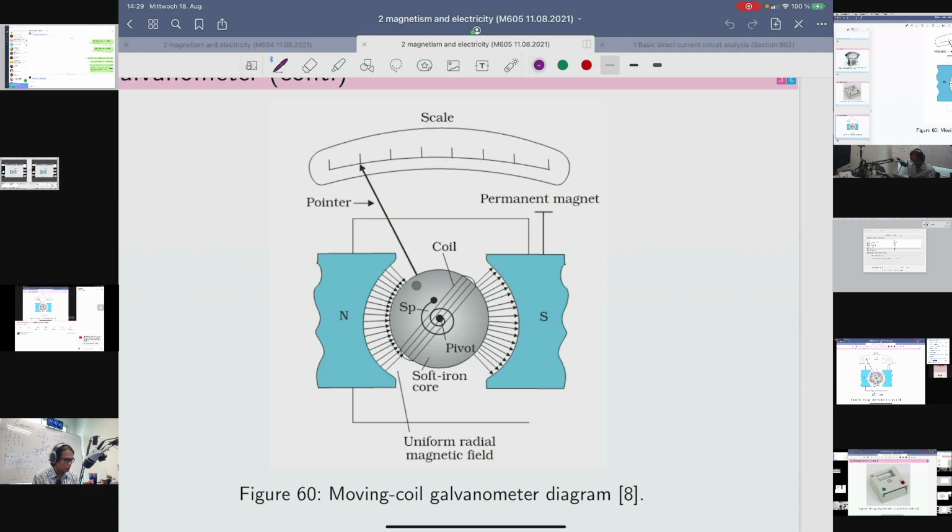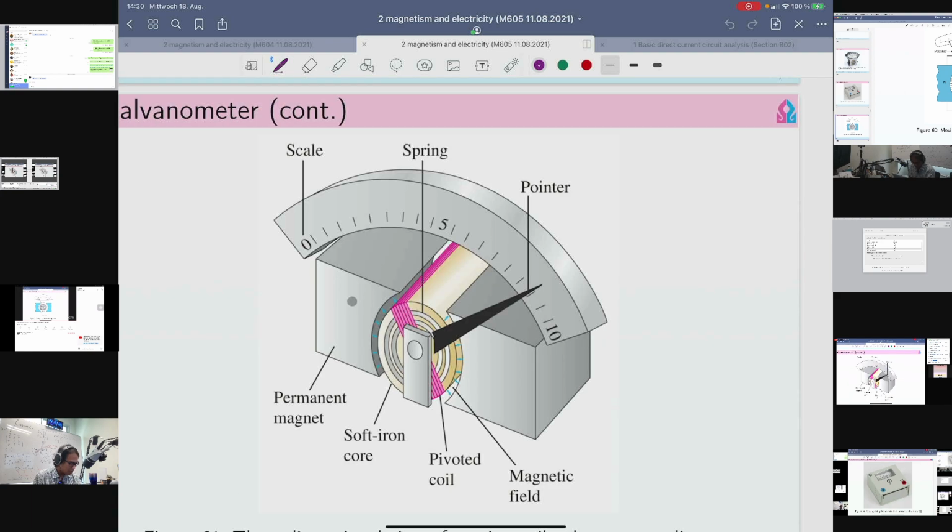And here is the magnetic core, surrounded by a coil again, and you can see the blue arrows representing the magnetic field lines starting from one side of the permanent magnet.